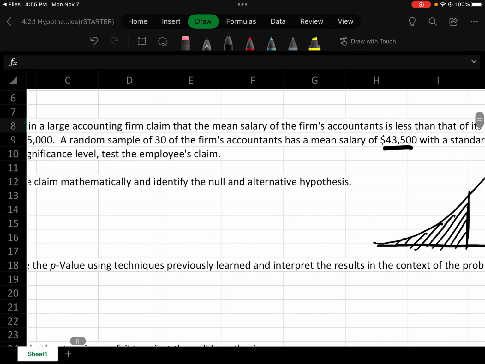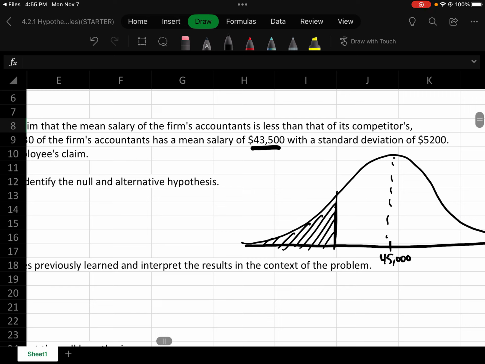And so the 0.05 is really asking, is $43,500 below the value that I would get if I was talking about 0.05 for the area? So 5% of the area under the curve is down here somewhere. Is the $43,500 outside of that range, or is it actually going to be inside of this range? And that's what we're trying to determine.